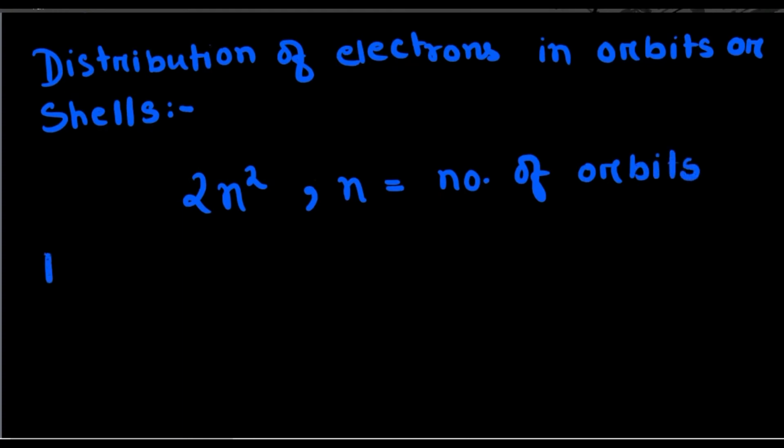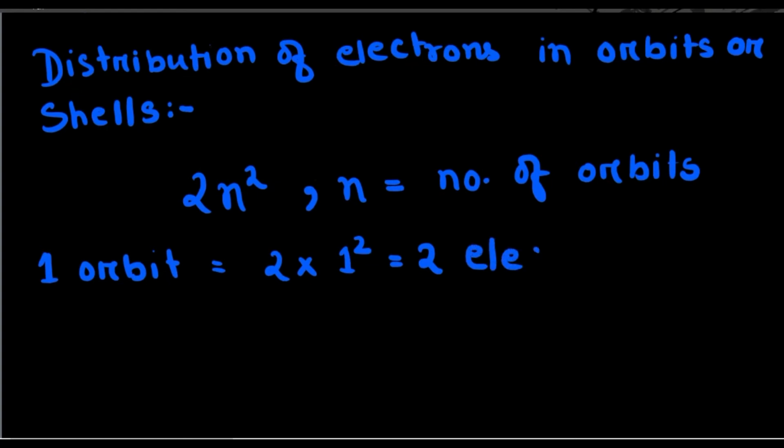So in the first orbit or the K shell, the maximum number of electrons that can be accommodated is equal to 2 into 1 squared, that is 2. Therefore, a maximum of 2 electrons can be accommodated in the first orbit, the K shell.